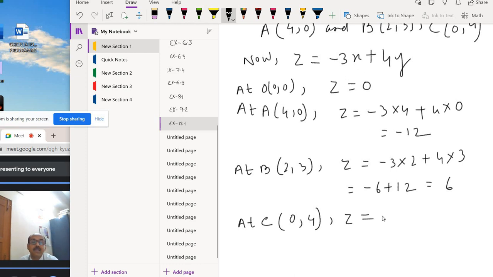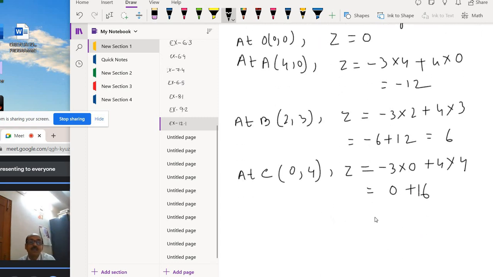That means z equals minus 3 into 0 plus 4 into 4. So it is minus 3 into 0, 0, plus 4 into 4, 16. So z equals 16. So all done: O point, A point, B point, C point.